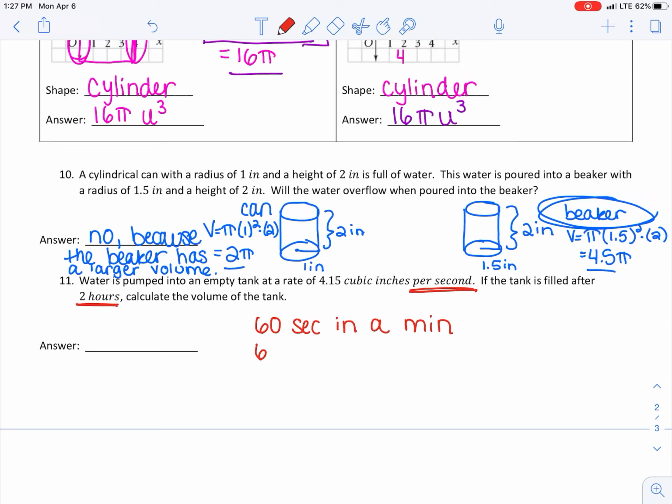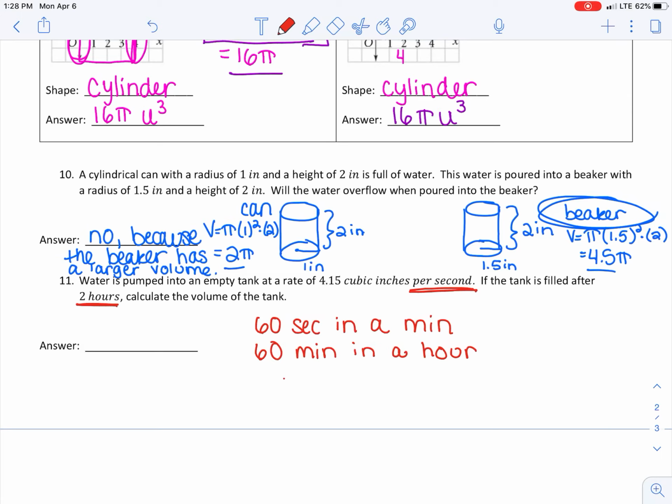Okay, and there are 60 minutes in an hour. So we're going to have to multiply 60 seconds by 60 to get how many seconds are in one particular hour. All right, and then we have to multiply that by 2 because we have 2 hours.